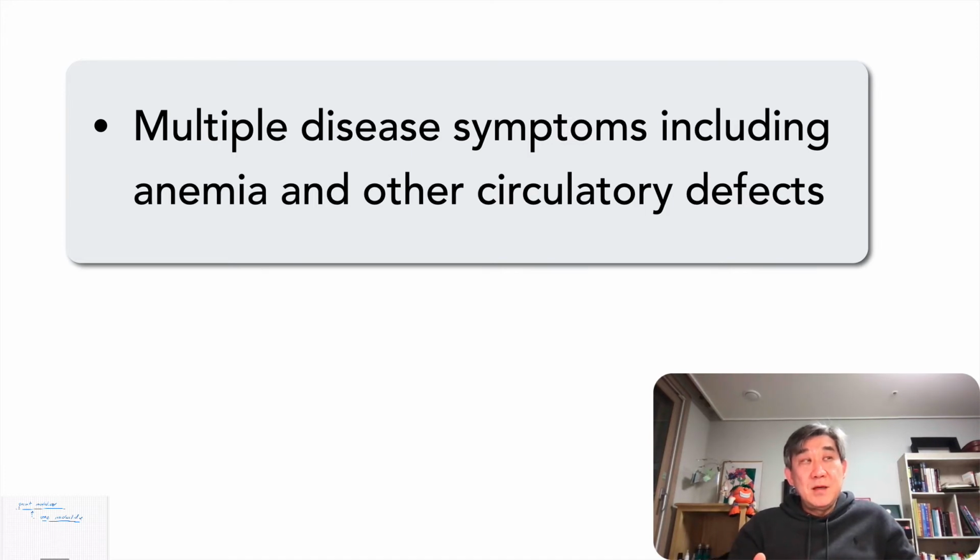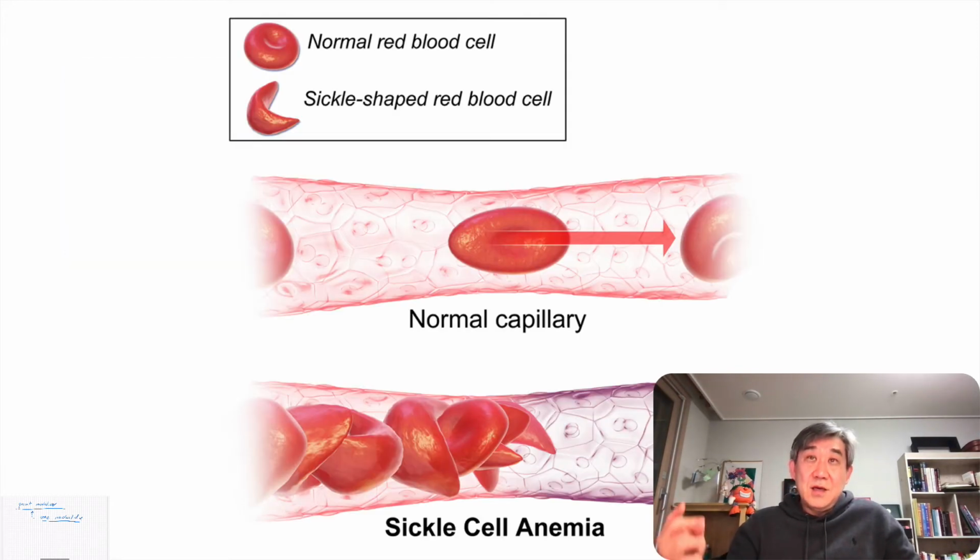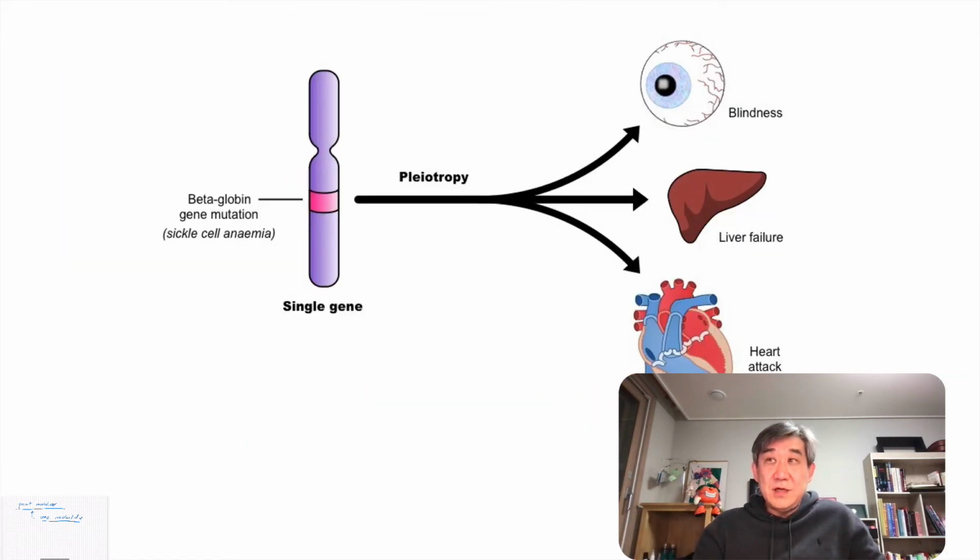Not only the oxygen carrying ability, but so many other functions are also affected by sickle cell anemia. You can easily guess why, because oxygen carrying is one of the most critical functions. If you cannot provide that proper function, then almost everybody will be under the influence of this defect. So that's what it is.